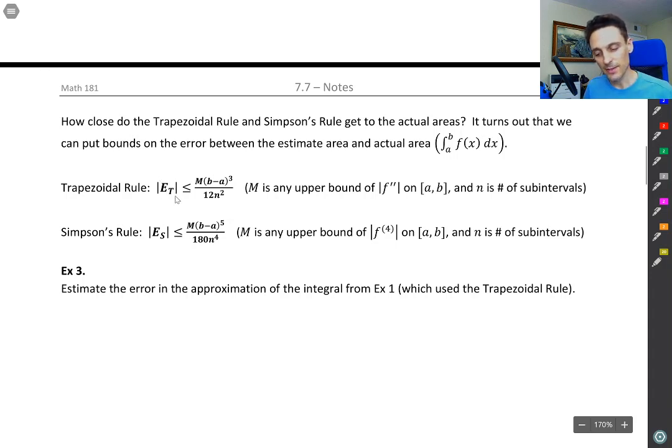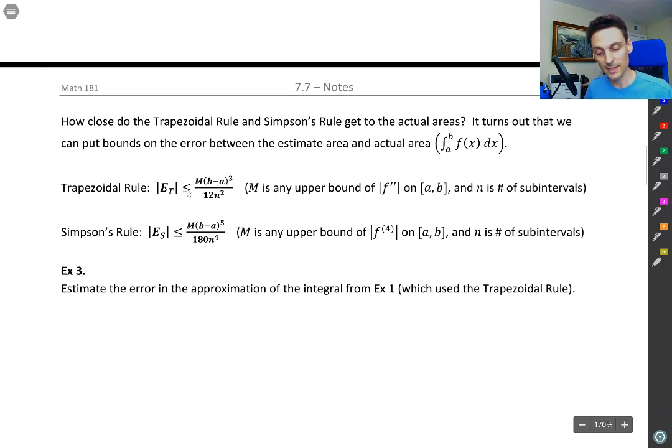And the absolute values here are just taking away any of the positive and negativeness that could happen when you have the function go above or below the x-axis. So this is the absolute value of that error between the estimated area and the actual area, and we can put a bound on it.